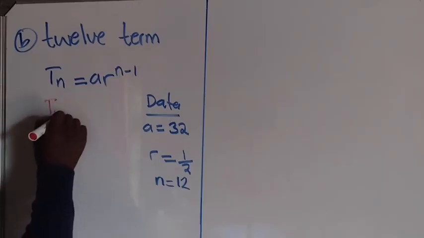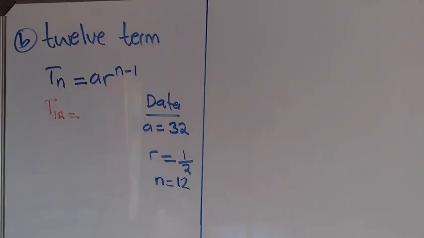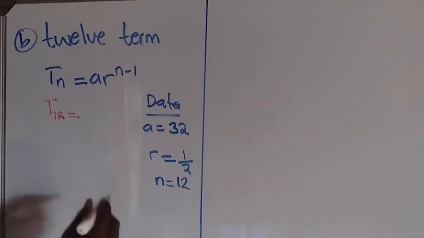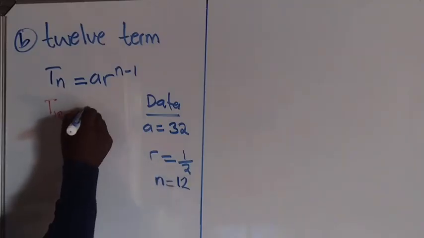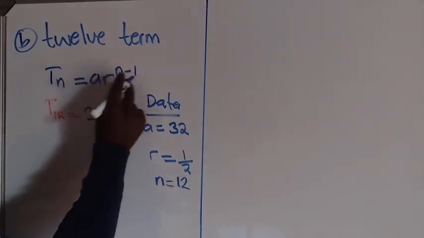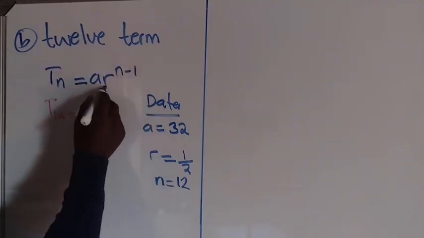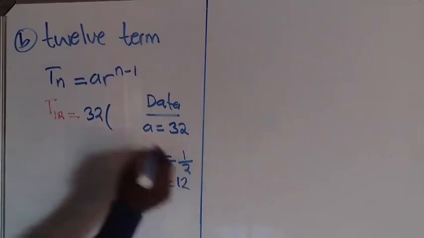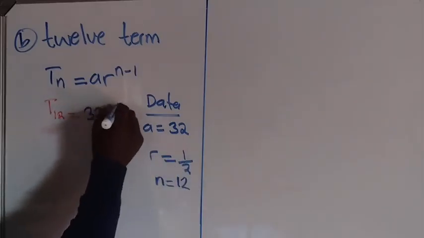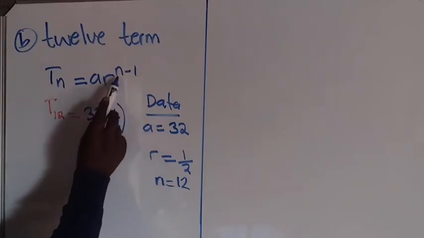The 12th term is equal to, where there is a, we are going to put 32. Then in bracket where there is r, we'll put half, like this, which is raised to the power of n minus 1.